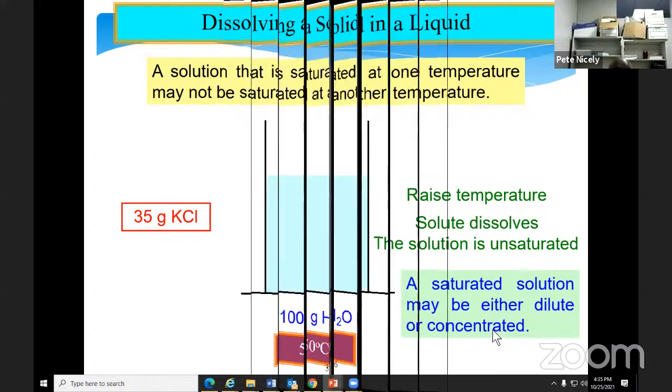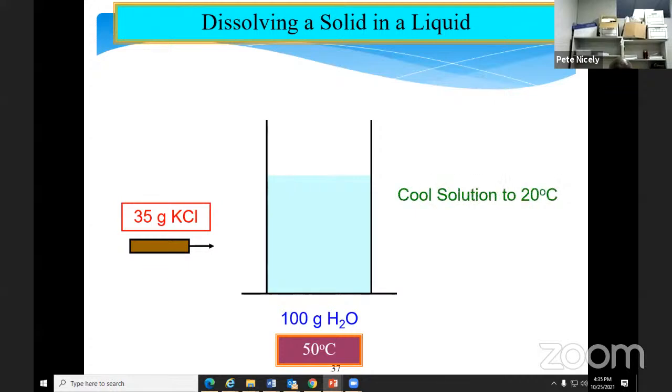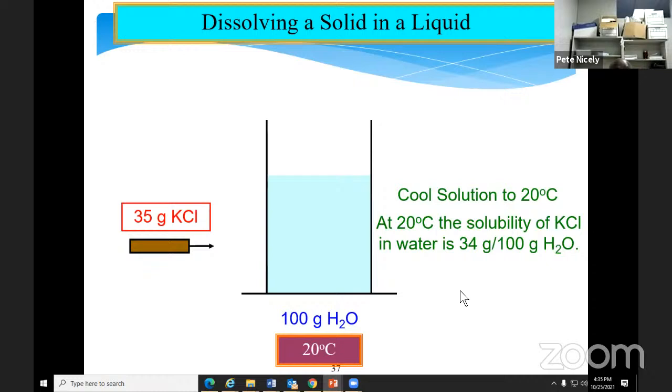So we have our solution at 35 grams of potassium chloride for every 100 grams of water at 50 degrees. Now let's see what happens when we cool the solution to 20 degrees. We're going back to the 20 degrees Celsius temperature level that we had before. If we do that, you're going to end up with a solution which is said to be supersaturated.